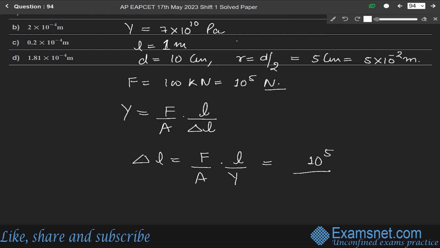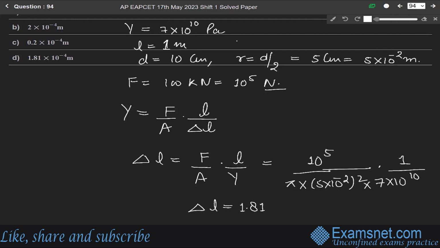Area is pi r square, means pi into 5 into 10 to the power minus 2 whole square, into L, length is 1 meter, over Y, which is 7 into 10 to the power 10 pascal. So solving it, we get delta L is equal to 1.81 into 10 to the power minus 4 meter, means option D is the correct answer.